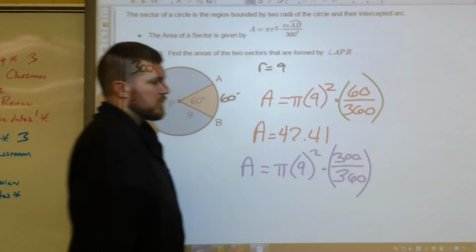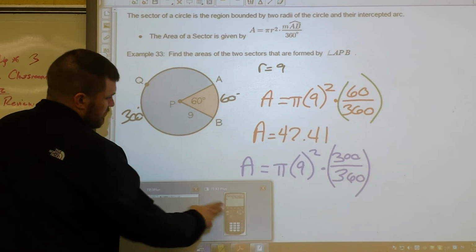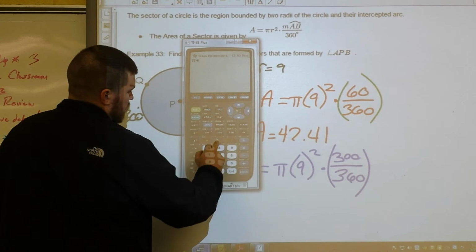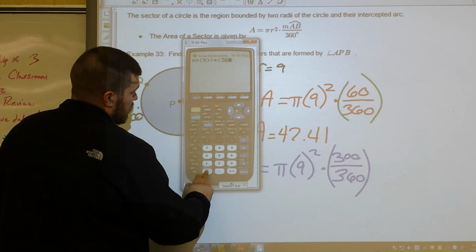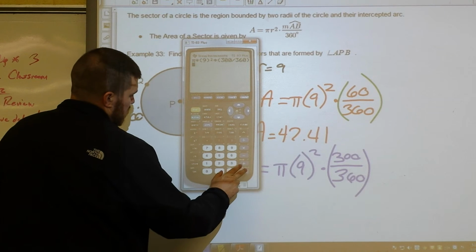And that fraction needs to be put in parentheses, so just like we did before, we're going to type that in our calculator. So I have pi times parentheses 9 squared times fraction 300 divided by 360. Again, that fraction needs to be in parentheses for this to work.